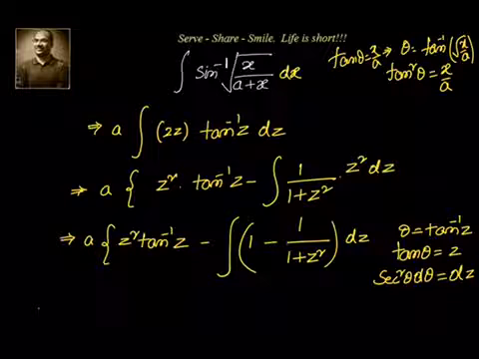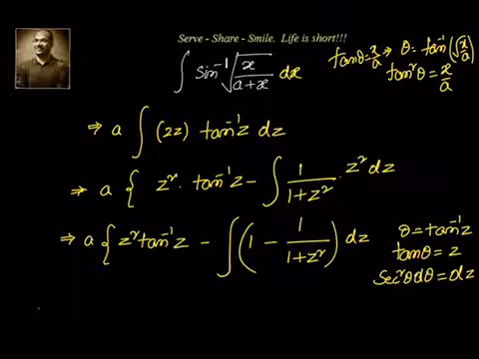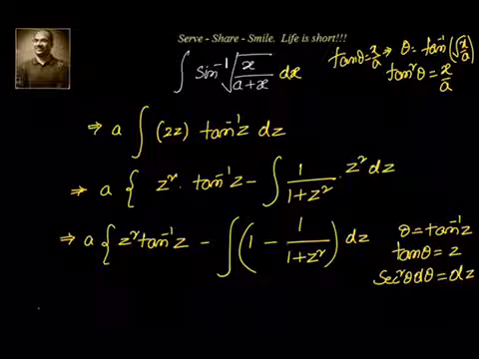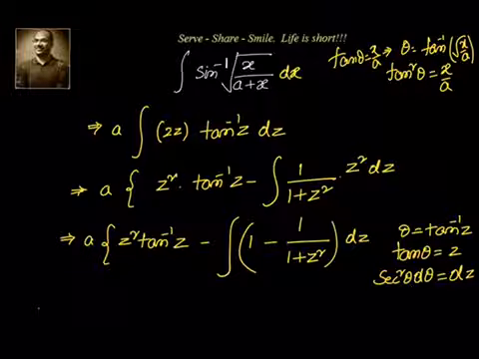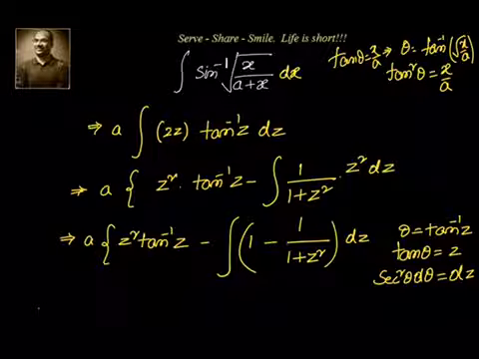So what we have written? Z square by 1 plus z square. We have written it as 1 minus 1 by 1 plus z square, so that we can easily integrate that.